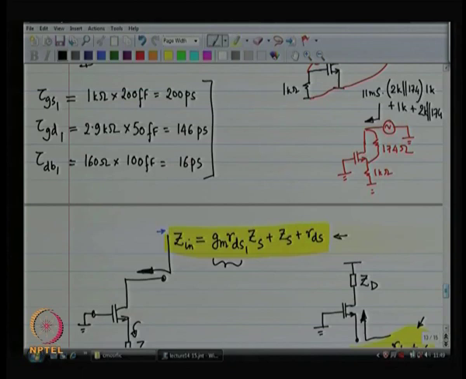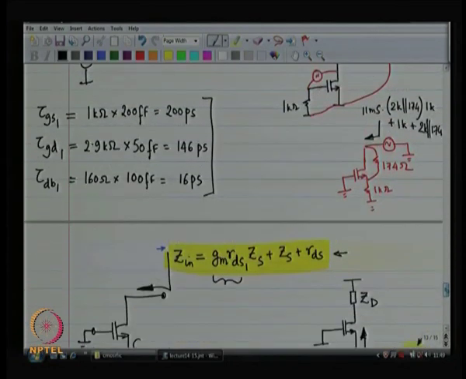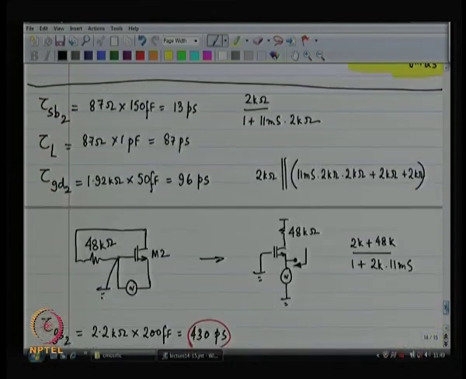So, I have got 200 picoseconds from device number 1, and I have got 146 picoseconds from gate to drain of device number 1. I have got 16 picoseconds from drain to body of device number 1. Then what else have I got?